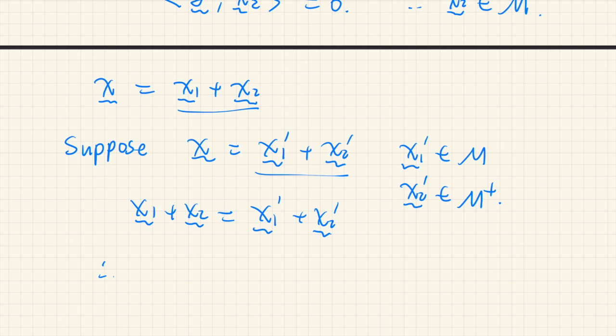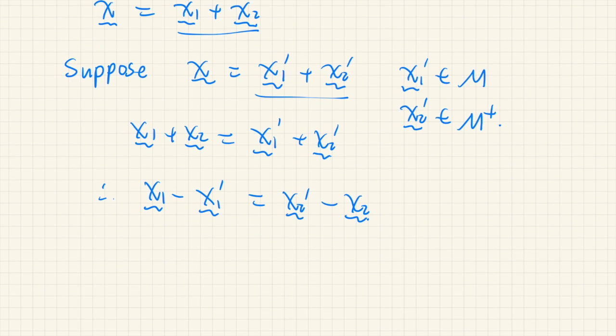By rearranging, we have x1 minus x1 prime equals x2 prime minus x2. Now M is a subspace, and the complement is also a subspace.